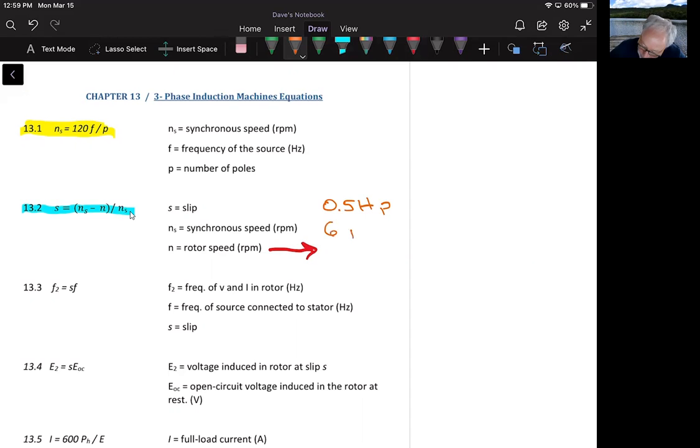It has 6 poles and it's excited by a 3-phase 60 hertz source. If the full load speed is 1140 RPMs, calculate the slip, okay? So the 1140 is a reference to how fast the actual rotor is turning. So I've got everything I need.